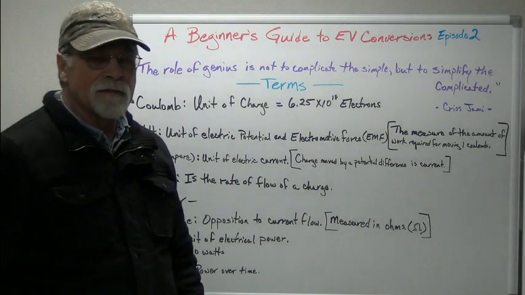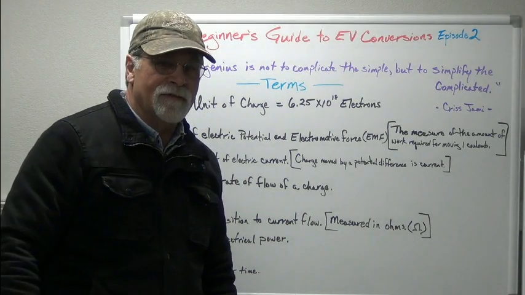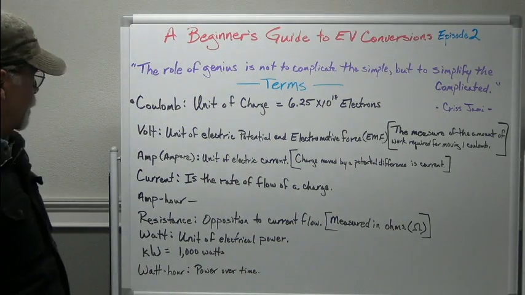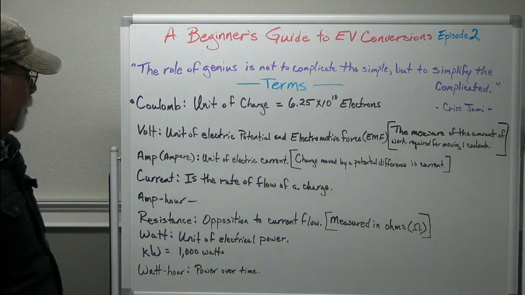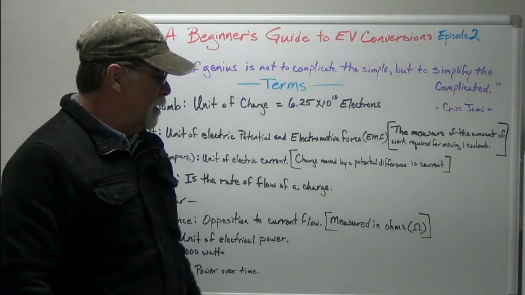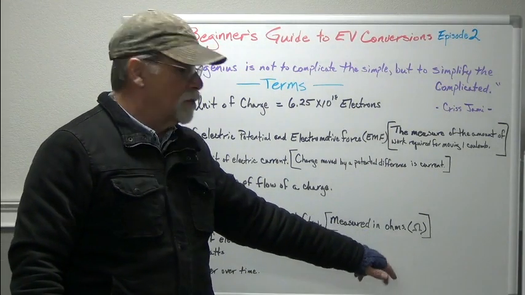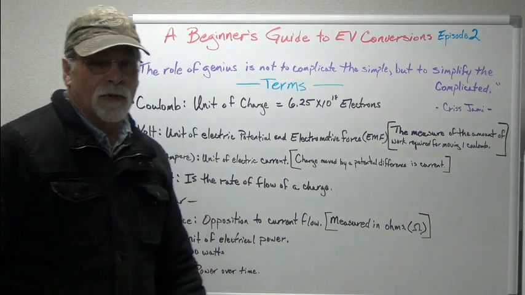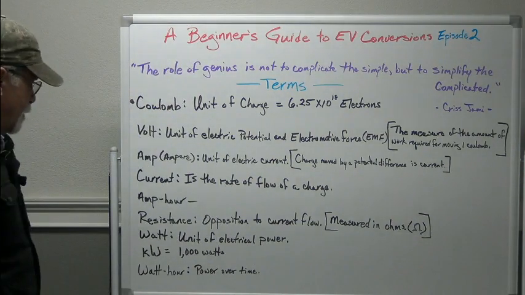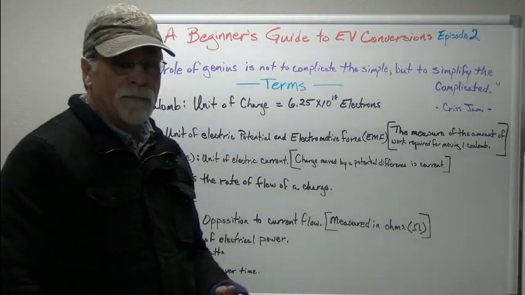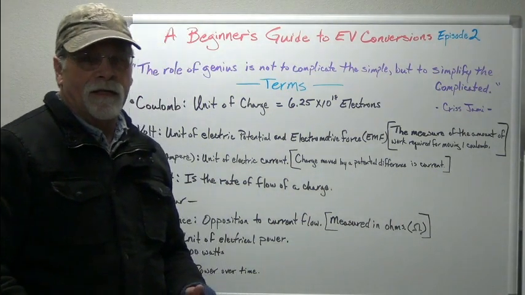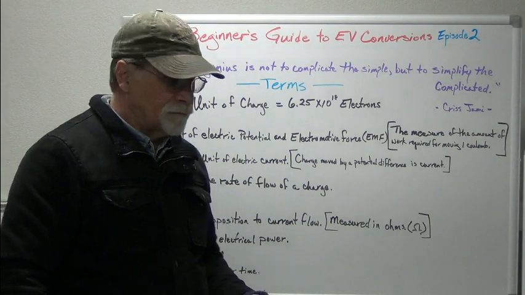Resistance isn't one that's heard a lot in discussion of EVs, but it is important. Resistance is simply the opposition to current flow. It's measured in ohms, represented by the Greek symbol omega. Now watts is one that people typically hear associated with kilowatts or kilowatt hours.